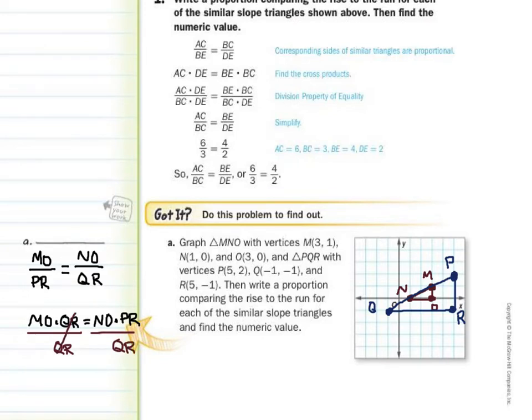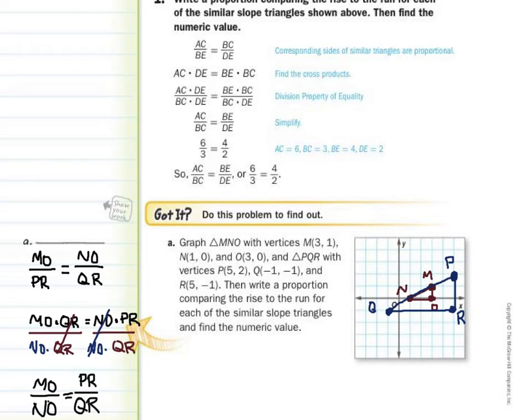Likewise, if I divide both sides by NO, then this cancels out, and my MO and NO are on the same side. So my result of all of that is that MO over NO is going to equal PR over QR.